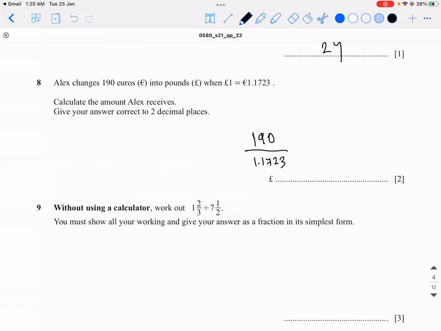Such that £1 is 1.1723. So divide 190 by 1.1723. We have to report to two decimal places. So what is our answer? 162.07.